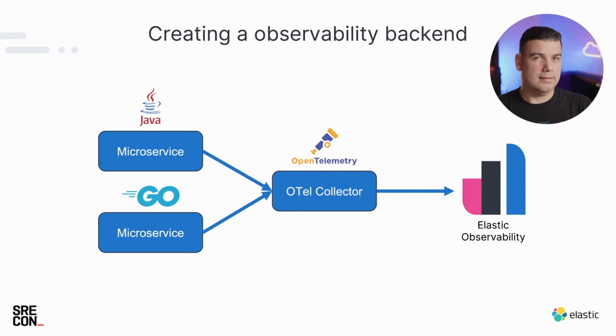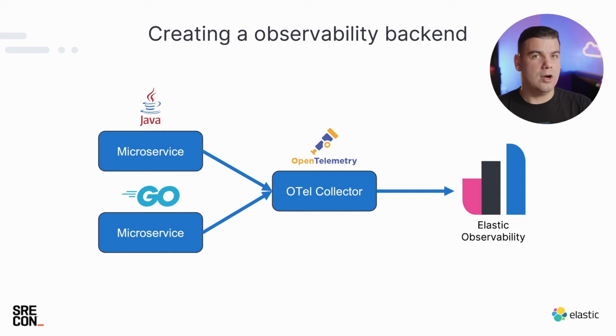I think Elastic Observability provides a very good approach to handle all types of telemetry data, because it is an observability solution that supports not only tracing, but also metrics and logs. So you have in one single solution everything you need to handle your observability projects.